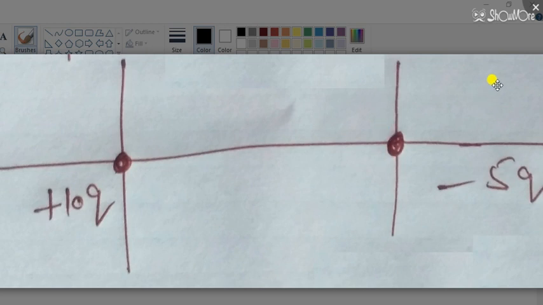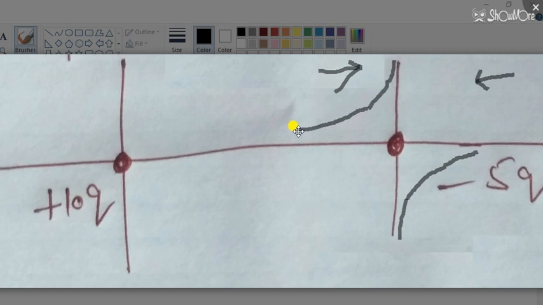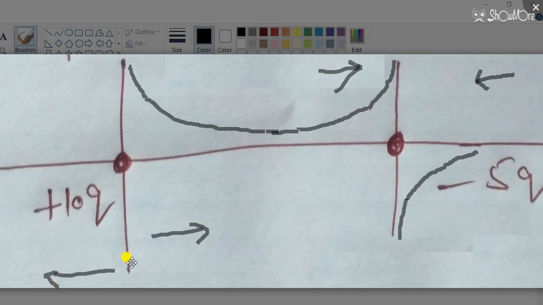Taking the concept of minus q, the electric field will be in this direction, that means it will start from here. For the negative charge, the electric field points toward it, and on the left-hand side it will be in this direction. Now this is the positive charge, so the electric field will start from the upper point and go like this, and due to this positive charge, the electric field will be in this direction. So here we can say it is in this way.